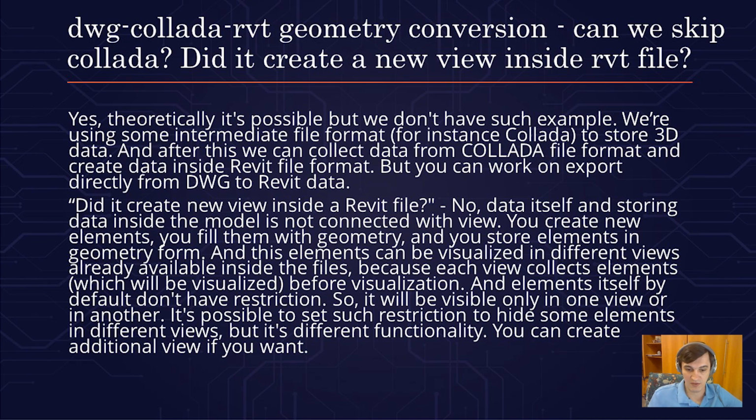So for this reason, we use an intermediate file format, for example Collada, where we can store 3D data. After this we can collect data from the Collada file format and create data inside the Revit file format.